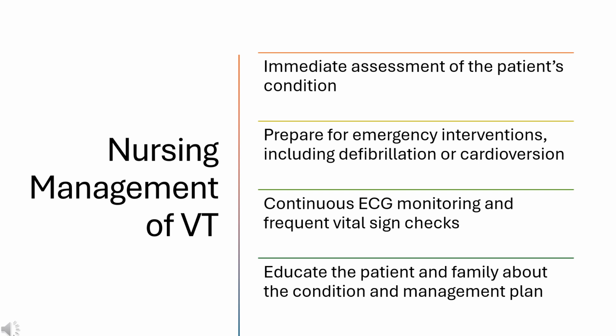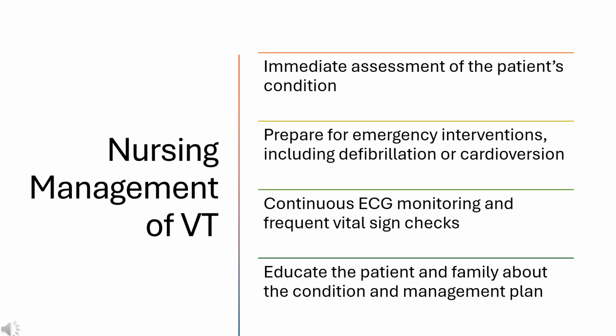You're going to need to explain to the patient and their family what VT is, including its causes and potential complications. Use simple, non-medical language to ensure that they understand the seriousness of the condition and the need for immediate and ongoing treatment. Discuss the management plan, including the use of antiarrhythmic medications, the potential need for defibrillation or cardioversion, and the importance of addressing underlying causes.